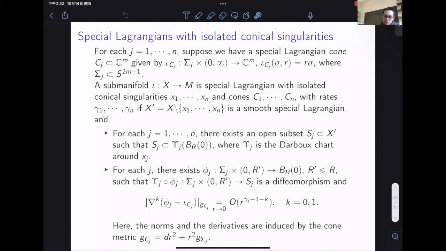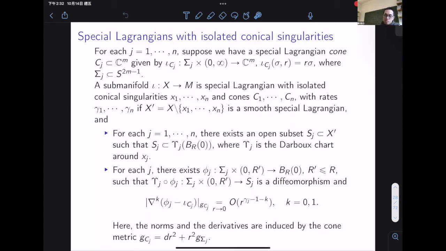And there exists a phi j, which is a map from the cylinder to this Darboux coordinate chart, such that if we compose this phi j with the Darboux map, you get a diffeomorphism from the cylinder to Sj.